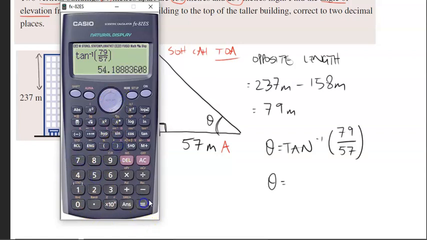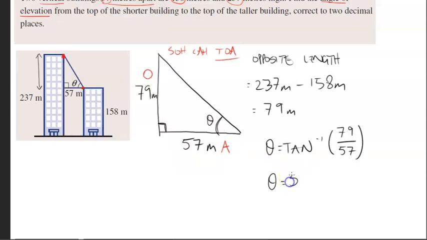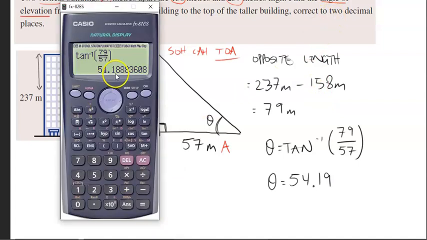What is that? And we've got 54.19... 54.119. It's asking correct to 2 decimal places. So 54.18, the next number is 8. So my critical digit is 8. This is higher than 5, bumping that second 8 up to 9.